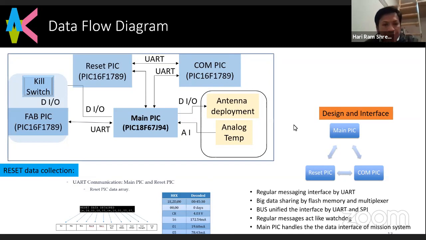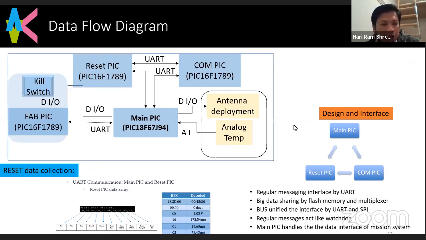We can see here the reset PIC data sampling output method. The data is in hex, with second, minute, hour, and day: day 1, day 2, day 3.